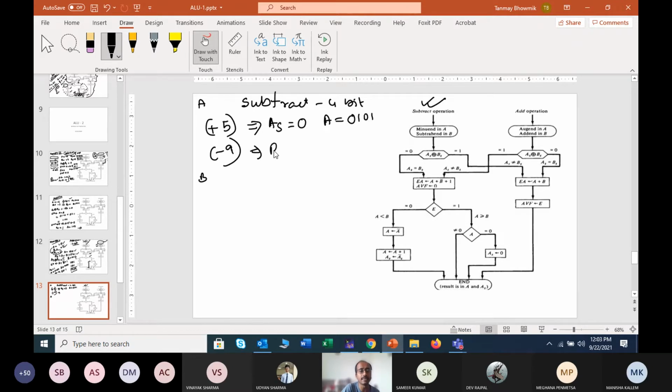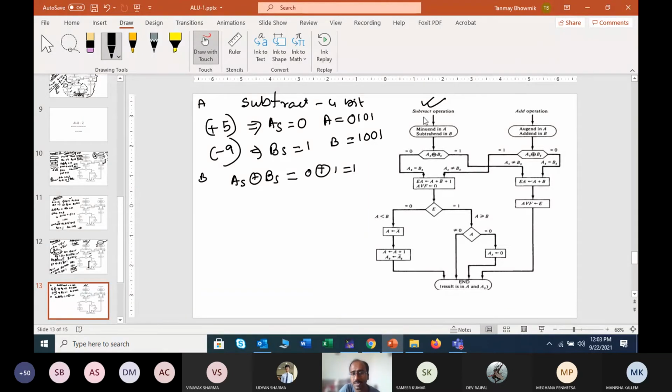Your B is now 1, 0, 0, 1. If you perform the XOR operation, first we will do AS XOR BS. So it will give you 0 XOR 1, so that is actually 1.